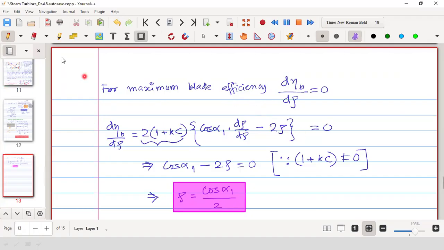For maximum blade efficiency, as we know that this first derivative is 0, d2 eta b by d rho 2 should be negative.